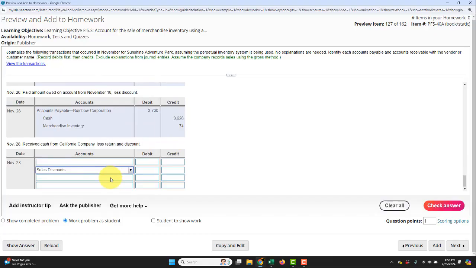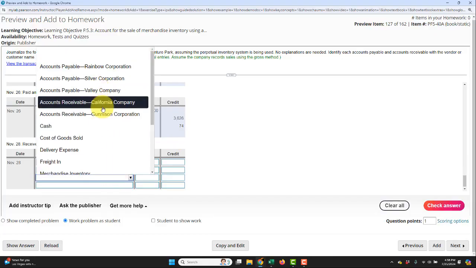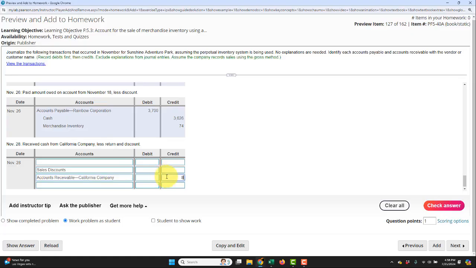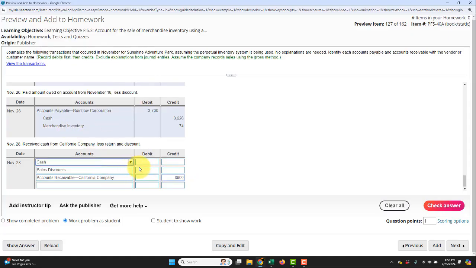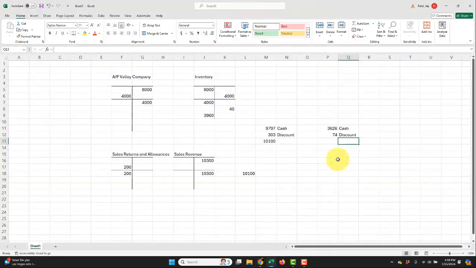So they are going to get this discount, and this account receivable is paired with this credit to the account receivable. So the net amount is 9,000 minus 400, which is 8,600. So I know that we're basically going to also have a credit of 8,600 here. Okay, and then we're going to collect some cash from them. They're paying us since we were the seller. So they're not going to pay us this full 8,600. They're going to have some discount on this. It's 1% of this. So it's similar math here where we have 8,600 times 1%.